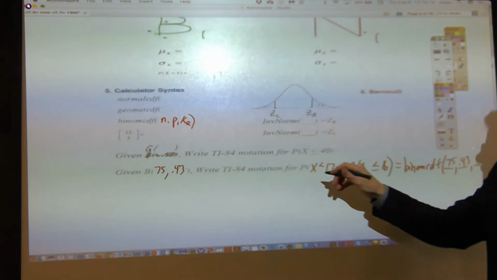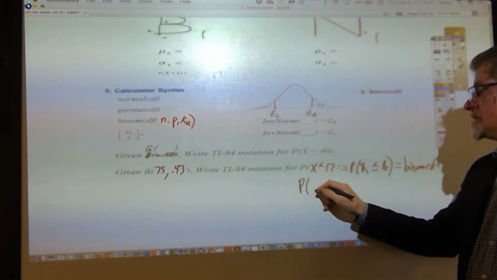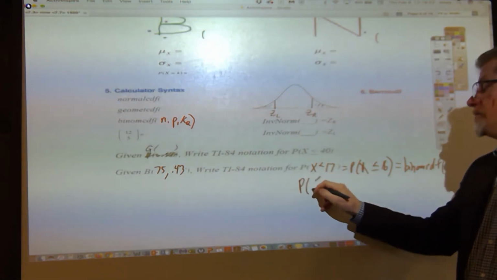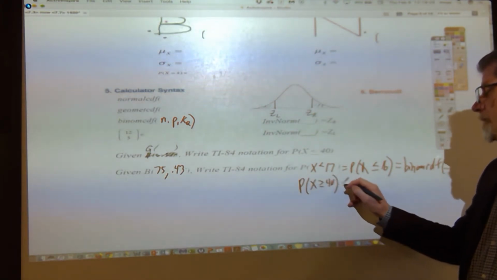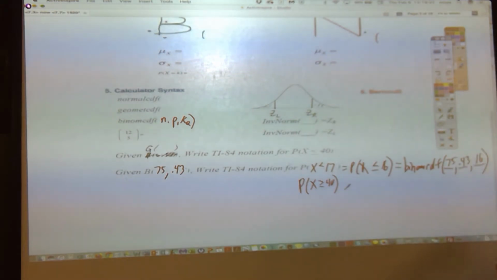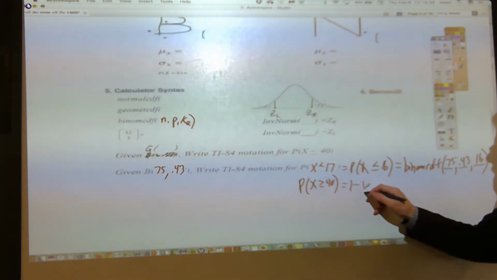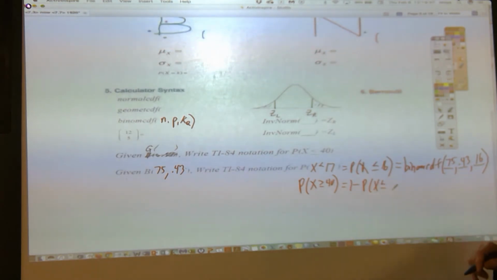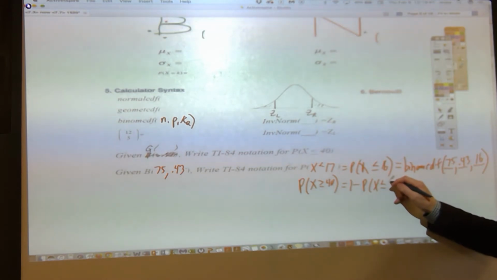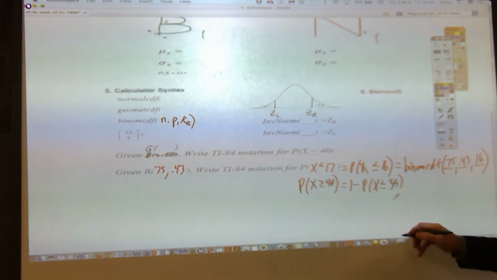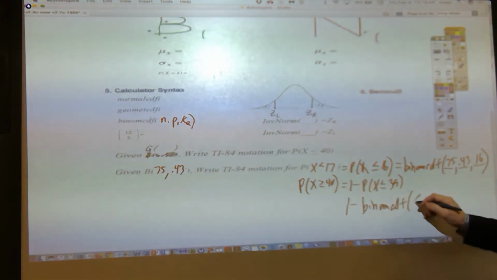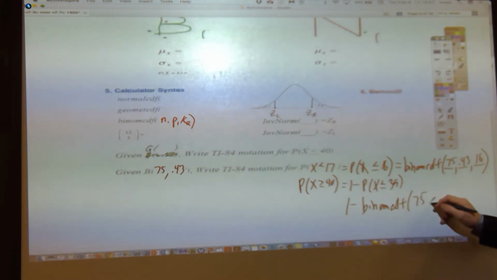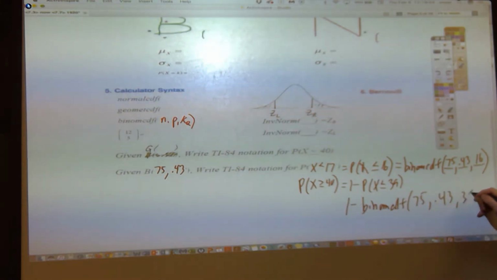Now, by the way, if it had been the probability of x is greater than or equal to 40, then you would have rewritten that as 1 minus the probability that x is less than or equal to what? 39 is correct, which would be 1 minus binom CDF of n is 75, p is 0.43, k is 39.